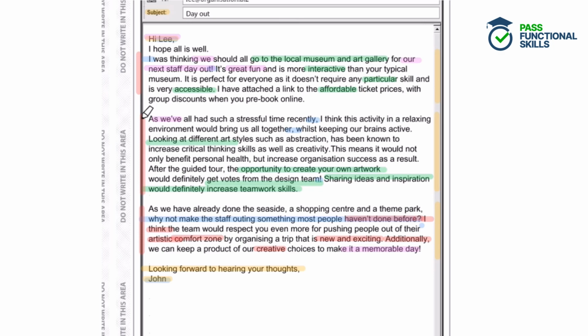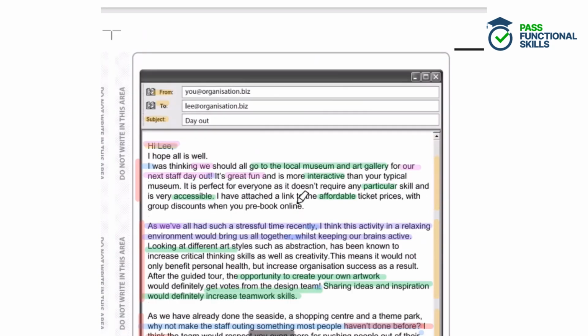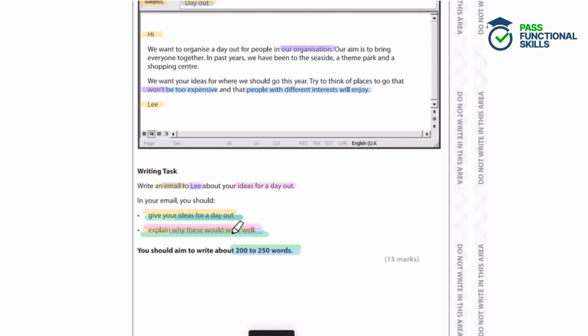So, for example, in this answer, we've got, as we've all had such a stressful time recently, I think this activity in a relaxing environment will bring us all together whilst keeping our brains active. So here we see how the commas join lots of different ideas together, making the sentence a lot more complex and linking ideas effectively.